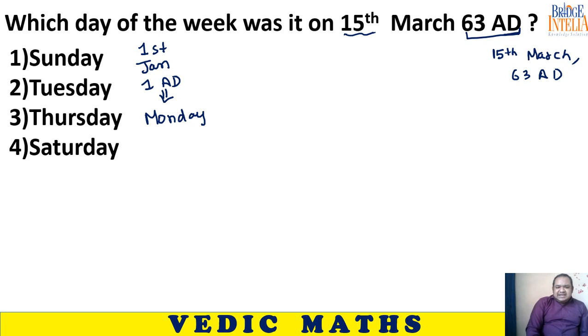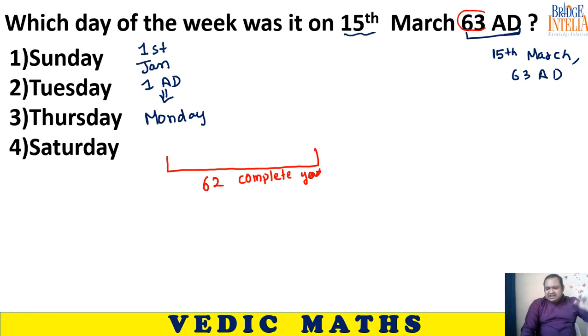To reach 15th March 63 AD, first 62 complete years have gone by, because 63 AD is still running. Then the month of January, because it is 15th March.